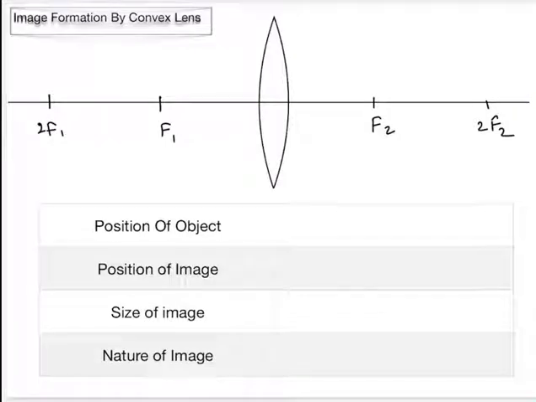So students, we are going to start with image formation by convex lens. In the first case, we are going to discuss image formation when the object is at infinity.